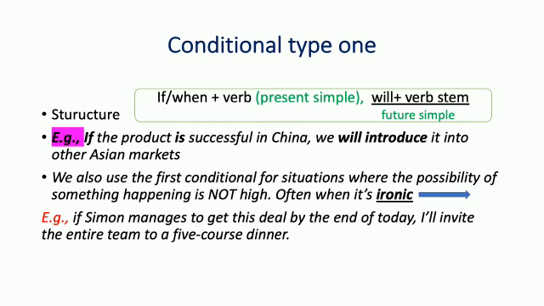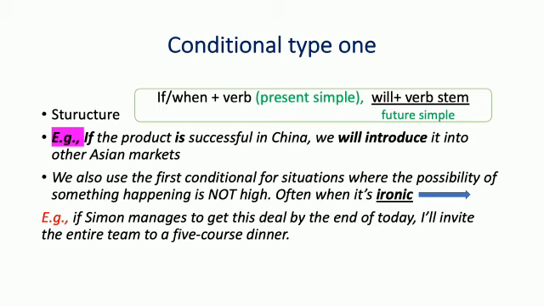This is a stem. For example, you have the verb "to write". "Write" is the stem of the verb "to write". So here we omit only the "to" of the infinitive, and you get a stem, a verb stem.